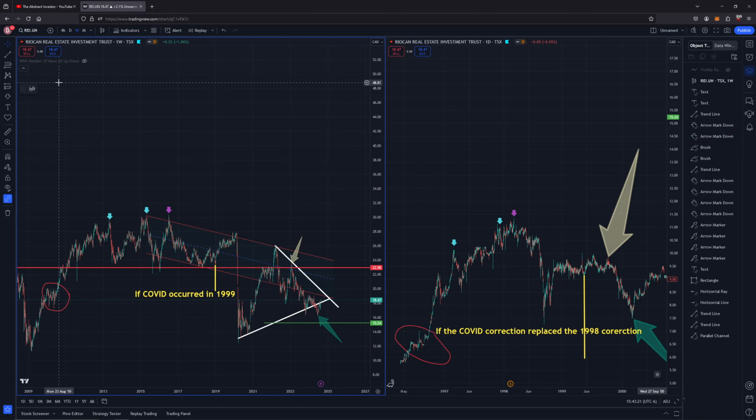So, getting into the charts, I've got them marked up for you already. As you can see on the left side of my screen, I have the chart from 2010 to today, August 2024.